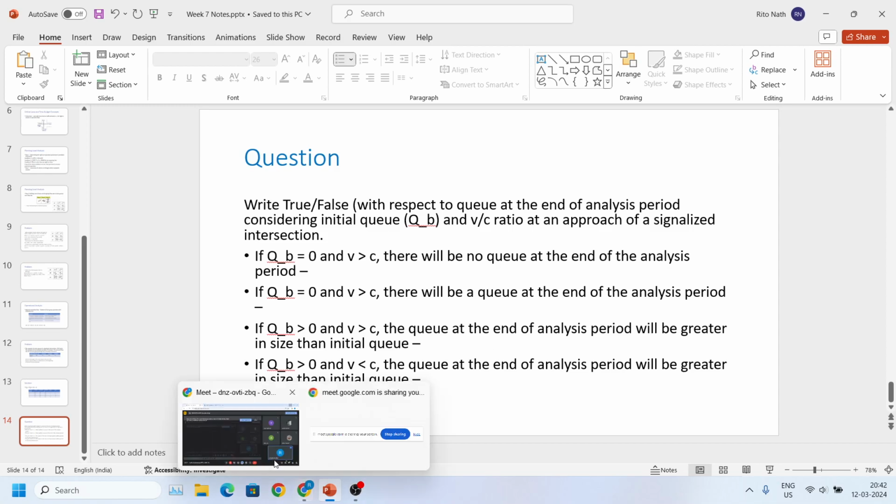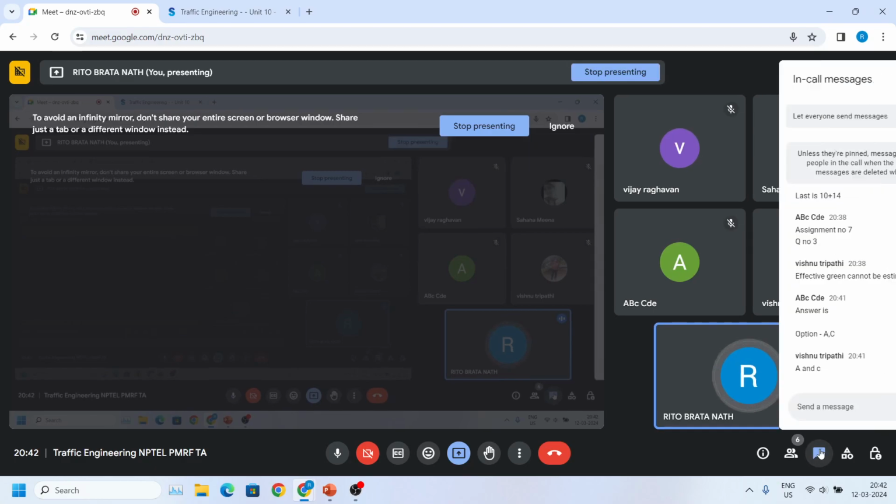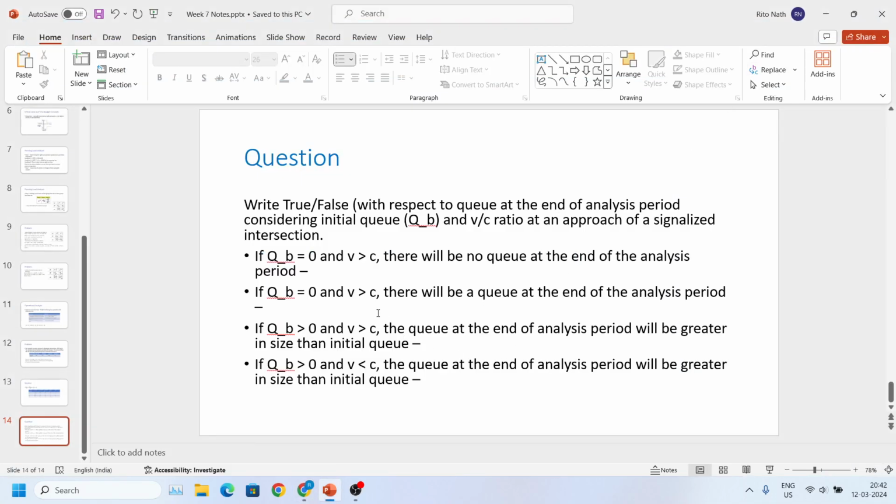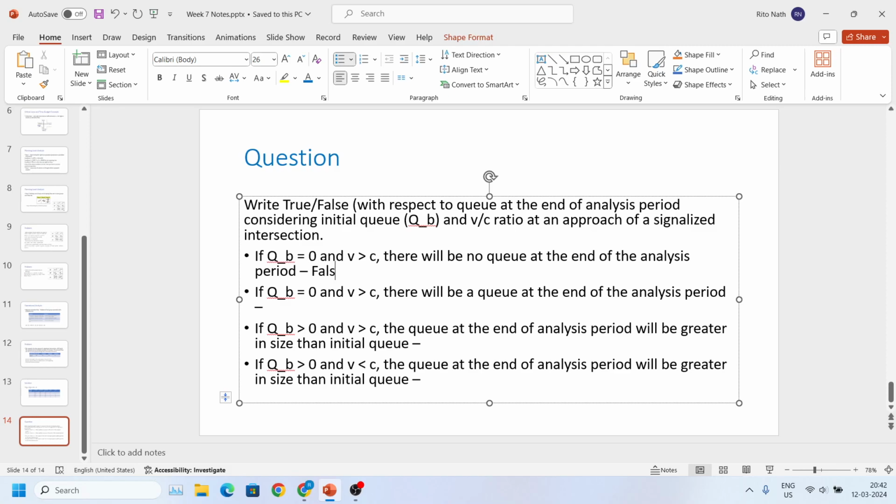Okay, anyone has a doubt on this? Or did anyone reply? Answer is A and C. Okay. Yeah, that's true. That's the same thing. Answer is A and C, or you meant B and C? First one is false, right? Because V is greater than C, at the end of the analysis period there will be a Q. Yeah, this is also true.